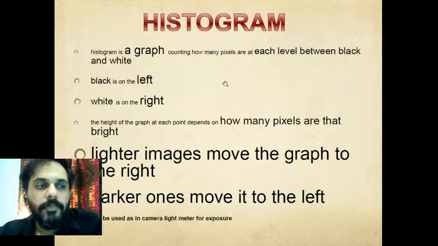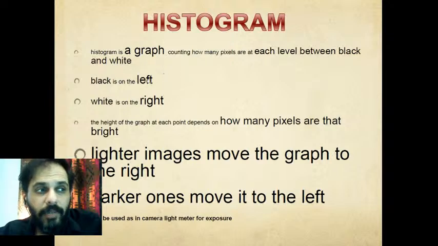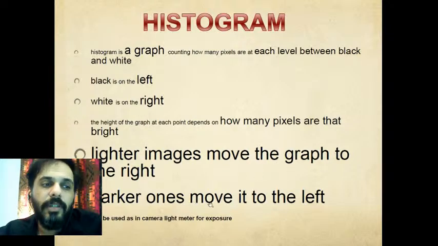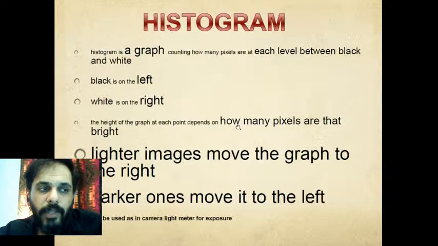So a histogram is a graph counting how many pixels are at each level between black and white. Black is on the left, white is on the right. The height of the graph at each point depends on how many pixels are at that level. A lighter image moves the graph to the right, a darker one moves it to the left. That's how they move when you are making changes.